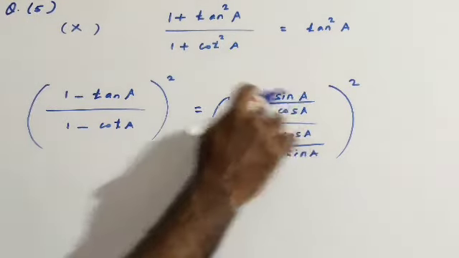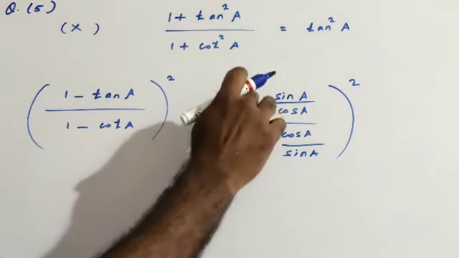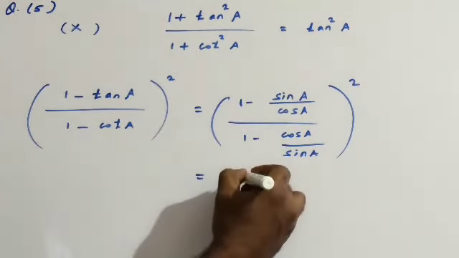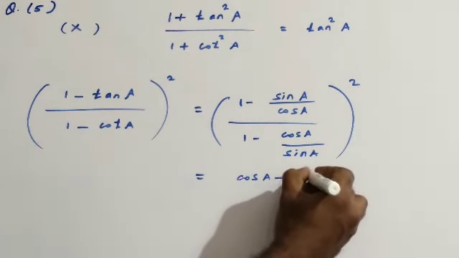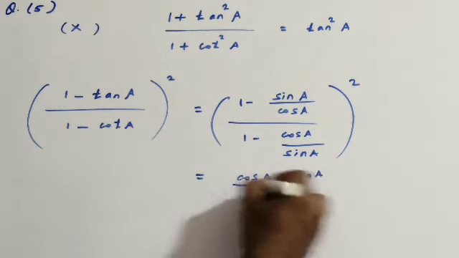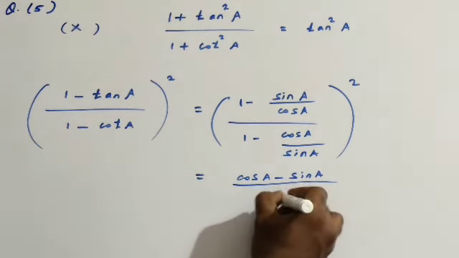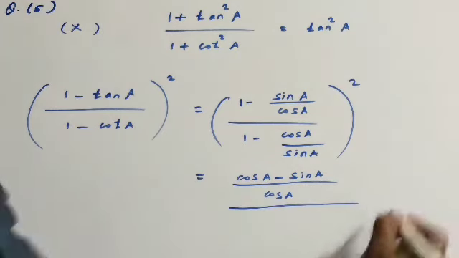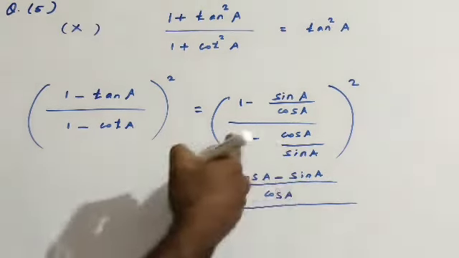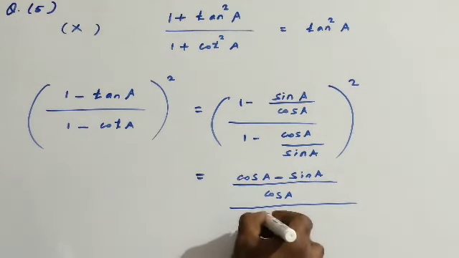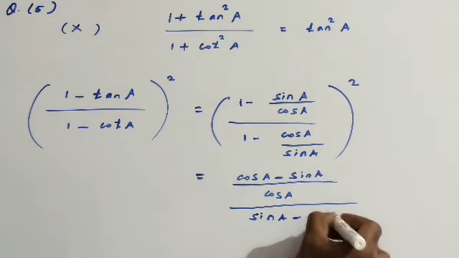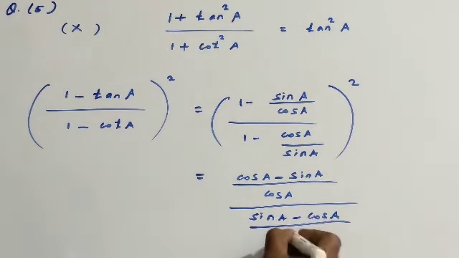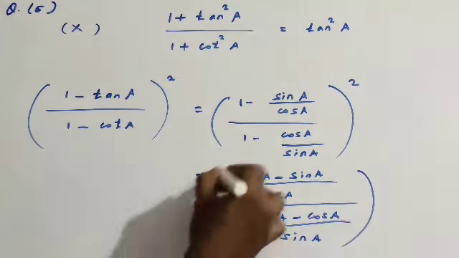Now we can cross multiply: cos A into 1, cos A minus sin A by cos A, divided by, here also you multiply, sin A minus cos A divided by sin A, whole square.